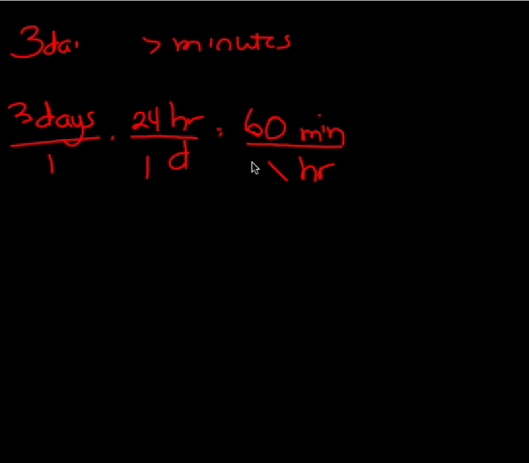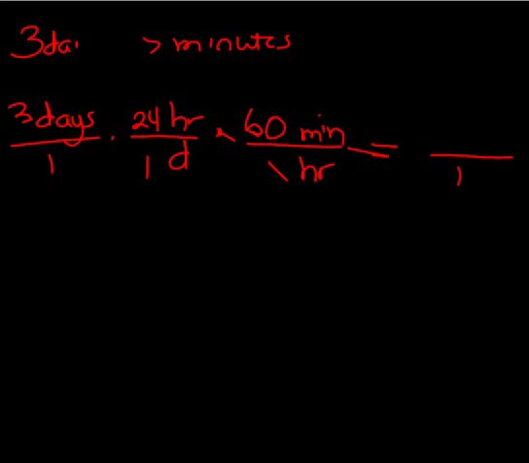Now that we have everything set up, we can multiply straight across. Remember, these are just fractions. They don't require any special way of solving them. So 1 times 1 times 1, of course, will just give us 1. And 3 times 24 times 60. Work that out.